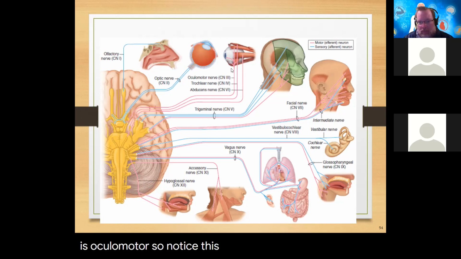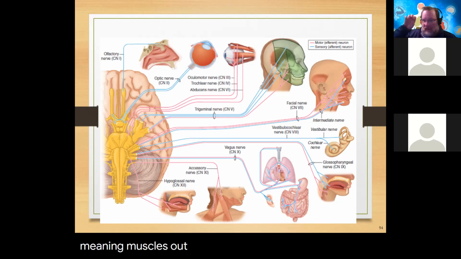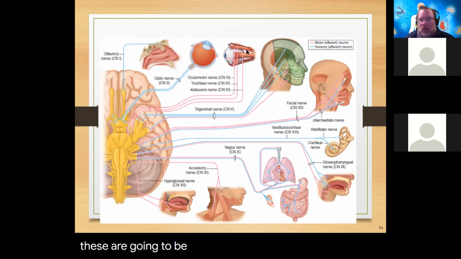So notice this next batch, we're going to see 3 pink, which are going to be indicative of motor aspects. So the eyeballs have what are called extrinsic muscles, meaning muscles outside of the ball itself. They're going to allow our eyeballs to move in pretty much all directions. So these are going to be what we call extrinsic eye muscle nerves.